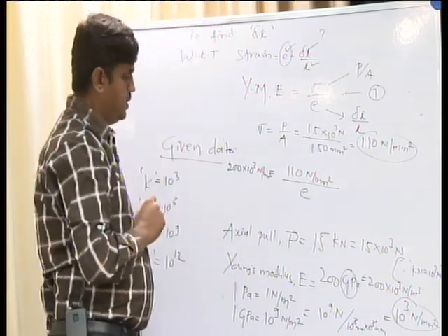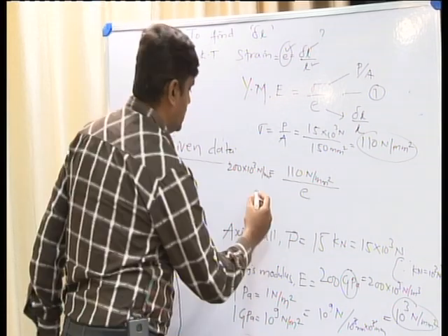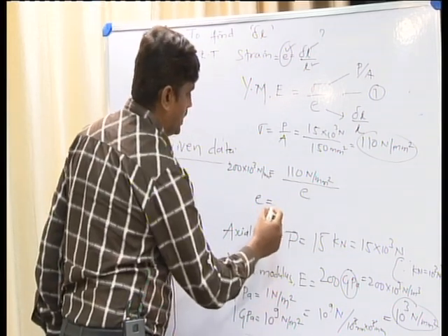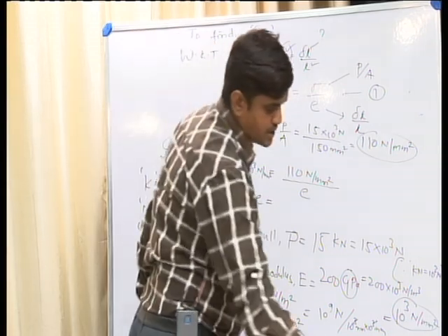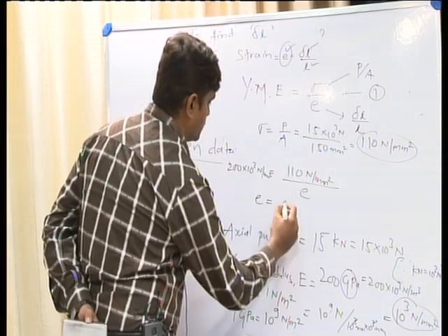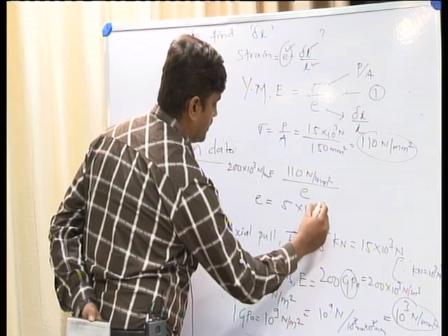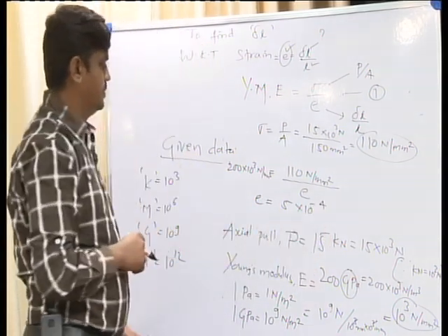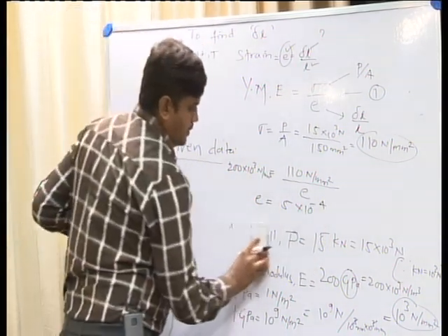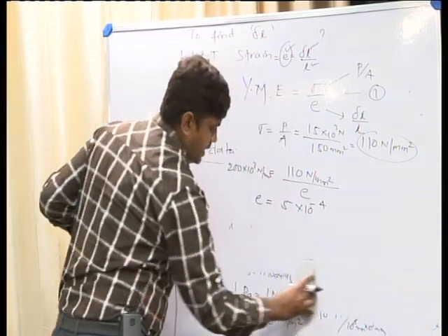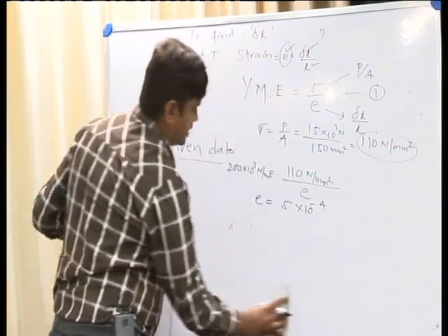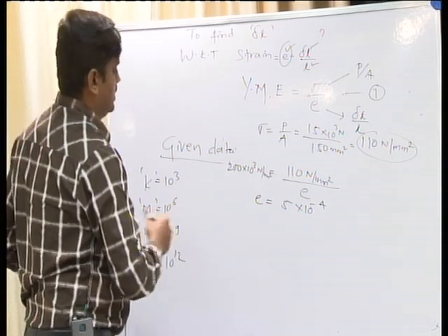After calculating, we get small e equal to 5 into 10 raised to minus 4. Remember, it doesn't have any units. After finding small e, we can calculate delta L, the change in length.